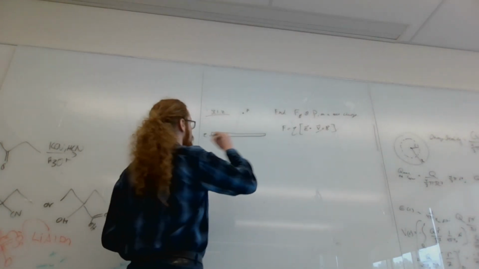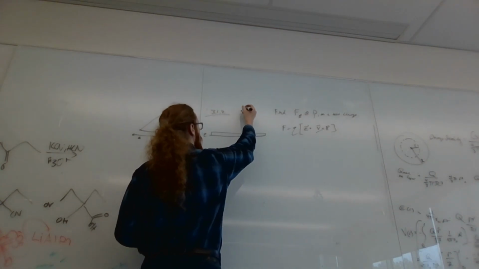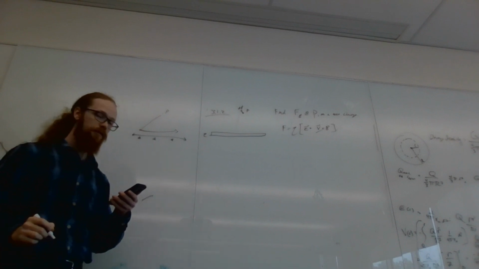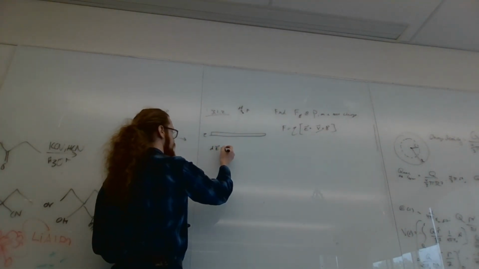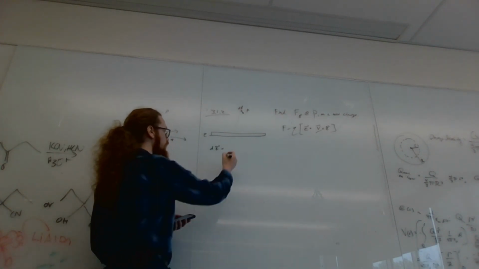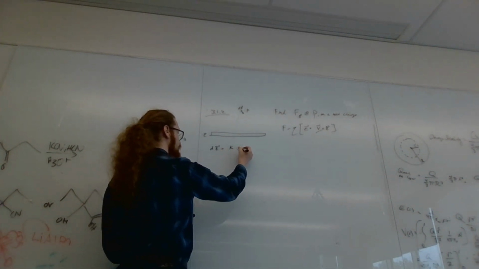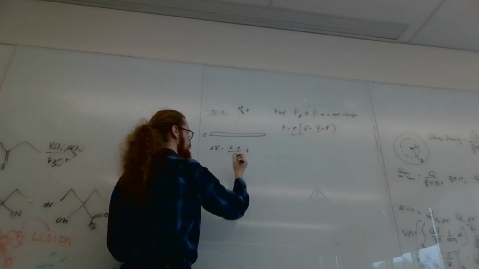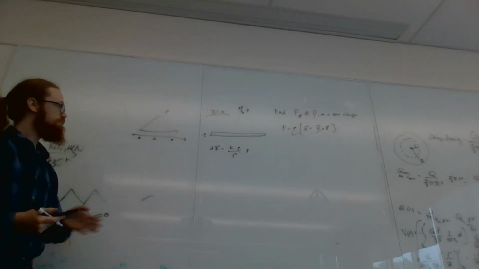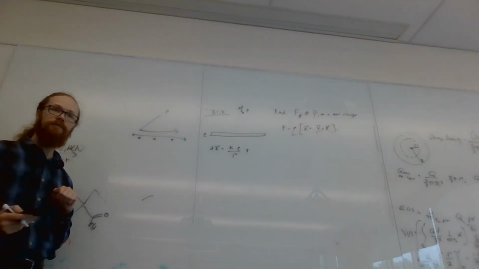At some point, I'm going to have some small amount of electric field we produce. That is determined by k q over r squared, r hat, the electric field from a point charge.